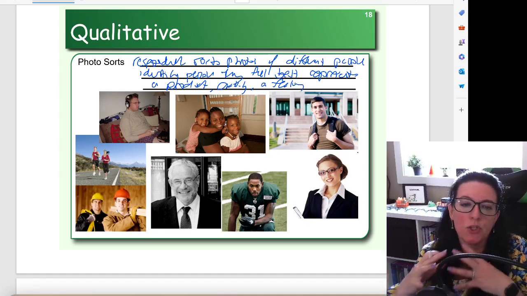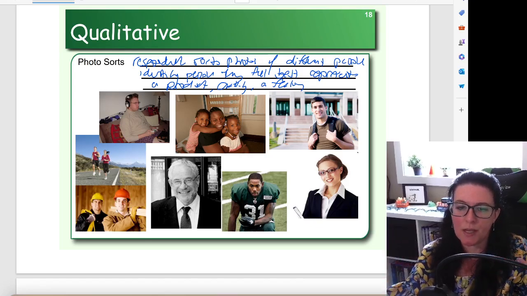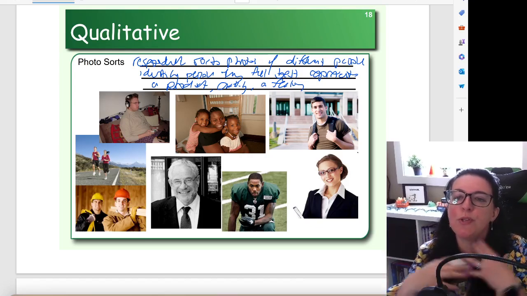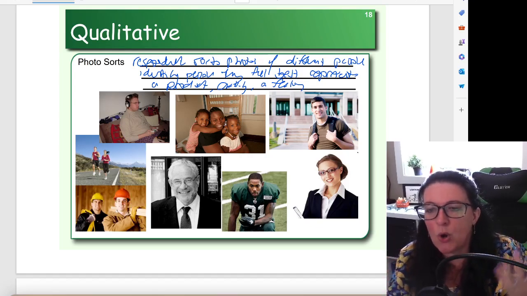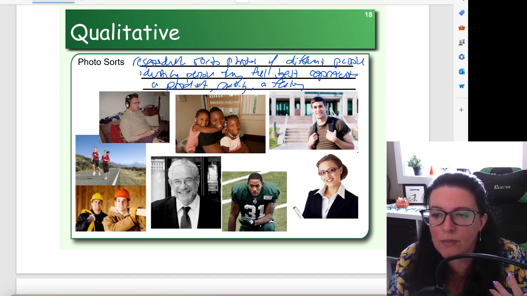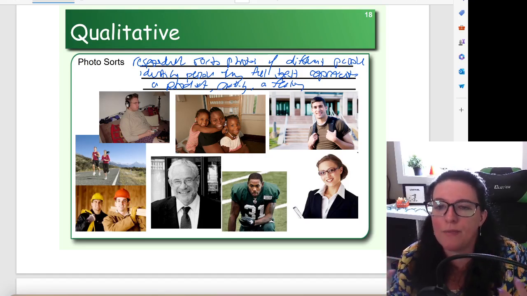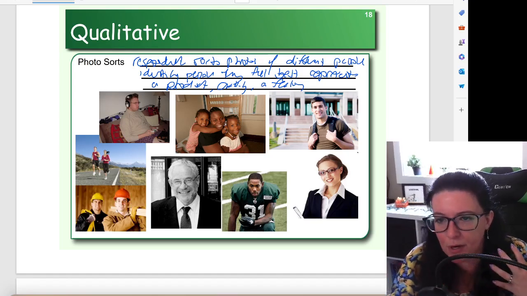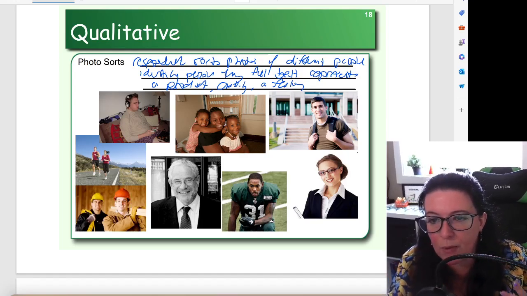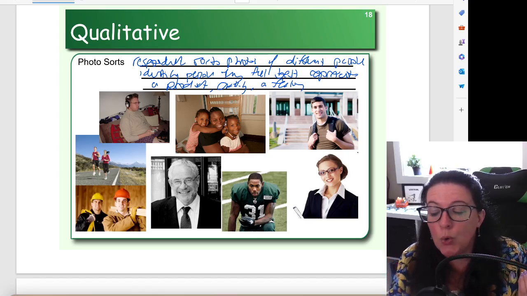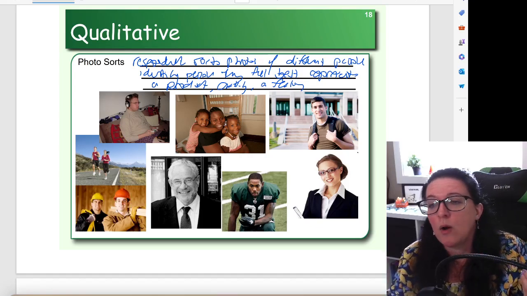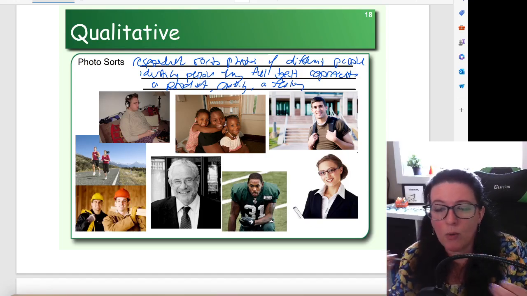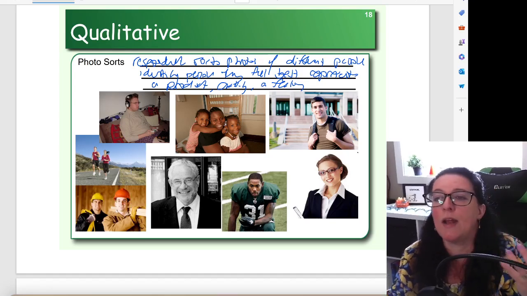So for example, we could show you all these different pictures and say, okay, well, who would use from this group, who would use an iPhone? Okay, so getting at, well, a particular product, an iPhone, is seen as maybe younger, hipper. So the participant might pick people who are in a younger age range. Maybe we would ask, okay, well, who is more likely to use an Android phone?